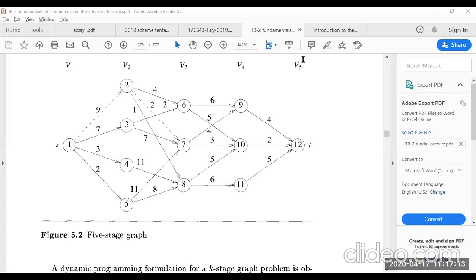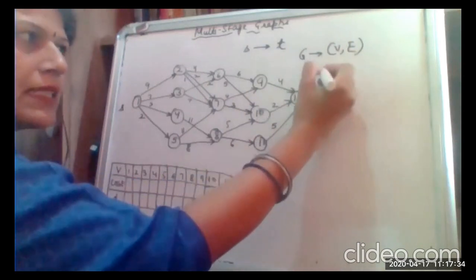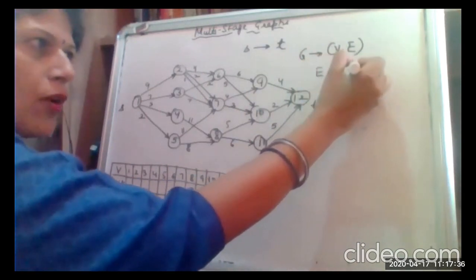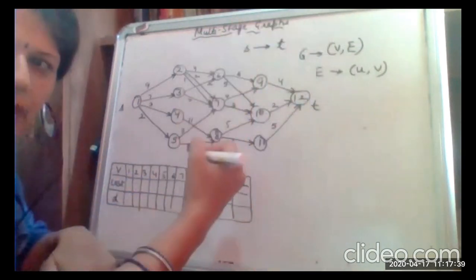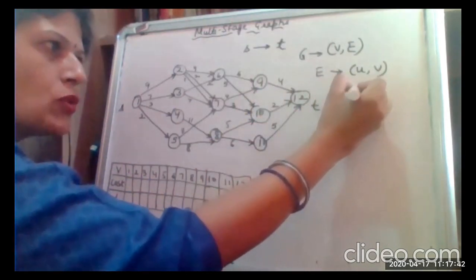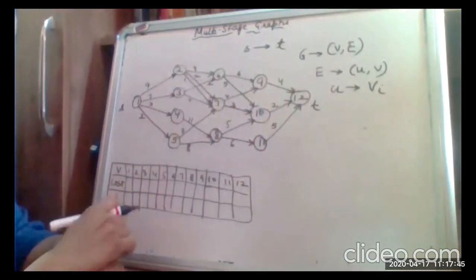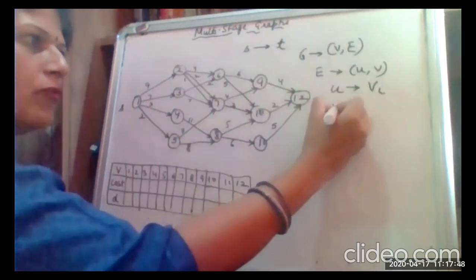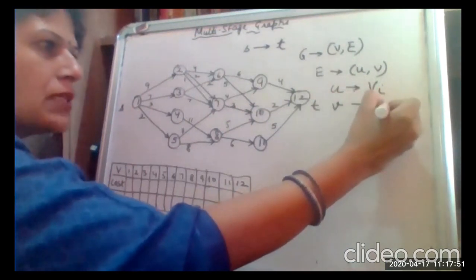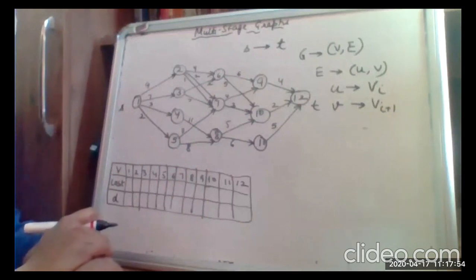For the 5-stage graph, we have a graph G that includes the vertex set V and the edge set E, such that these edges are of the form UV, such that U belongs to some ith stage vertex set and V belongs to the (i+1)th vertex stage.